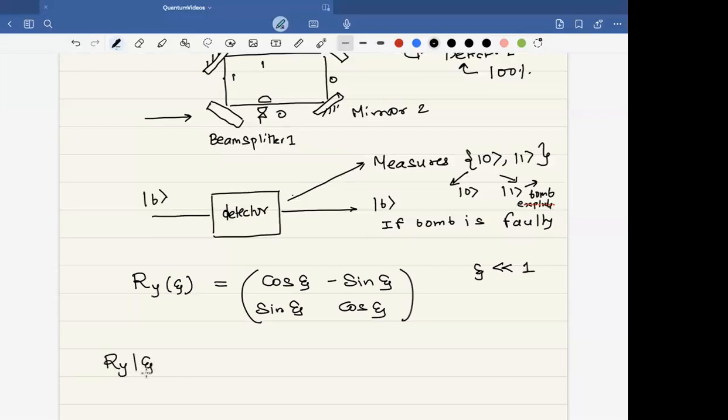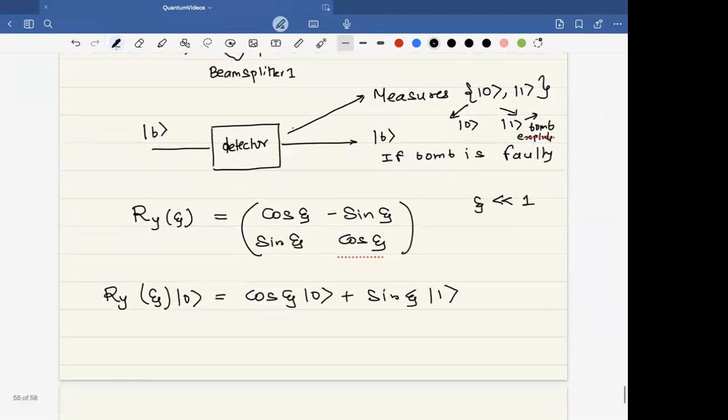So our Ry of epsilon applied to the ket 0 vector will be cos epsilon ket 0 plus sine epsilon ket 1.